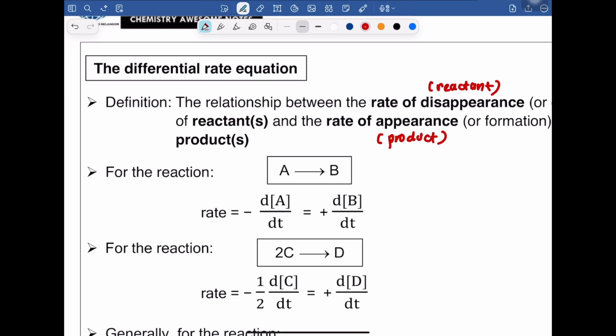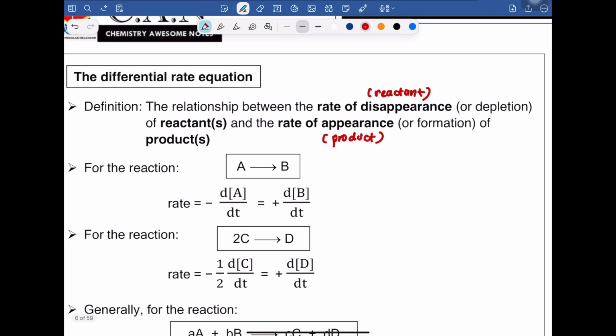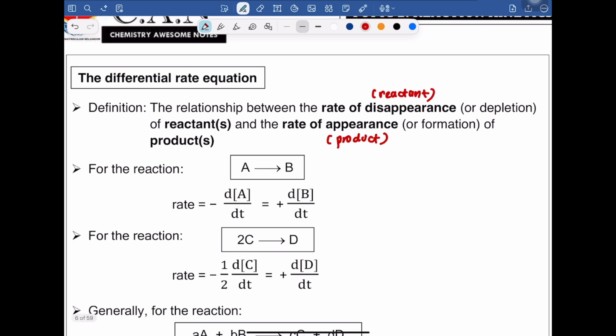If you look here, you can see the example, but I'm going to rewrite it again. Now you have A as your reactant, and B as your product. If the question asks you to write the differential rate equation, start with rate equals negative d[A] over dt.